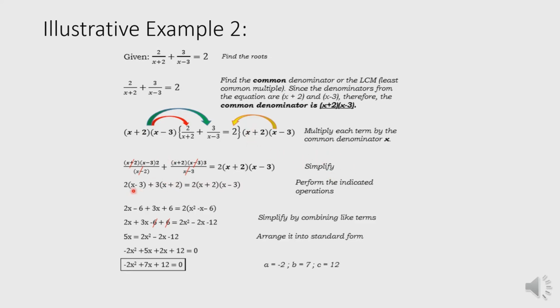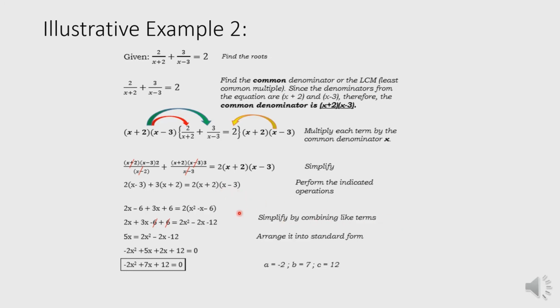Then you get an equation like this, wherein it is 2 times the quantity x minus 3 plus 3 times the quantity x plus 2 is equal to 2 times the quantity x plus 2 times the quantity x minus 3.